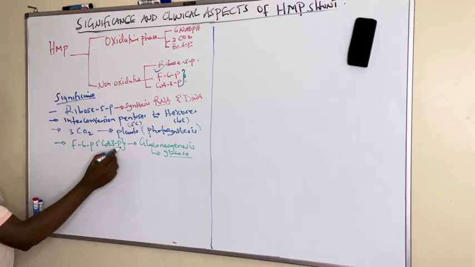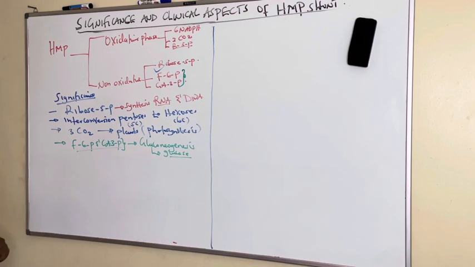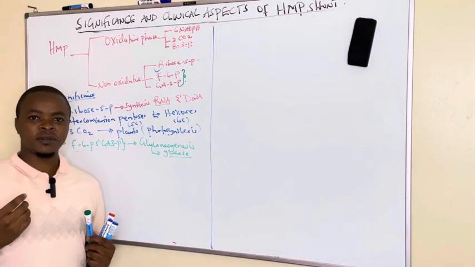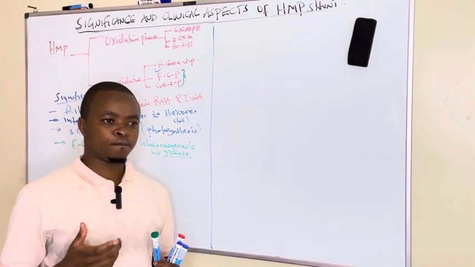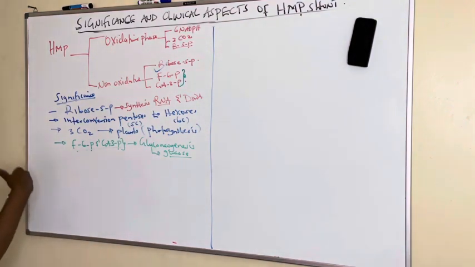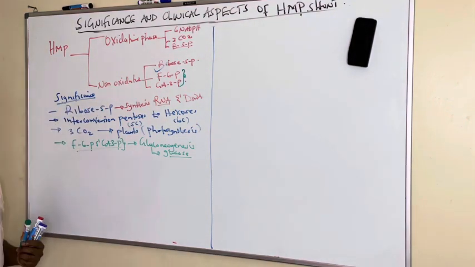So these undergo gluconeogenesis to produce glucose, which can be utilized 10% in HMP, and another portion goes into glycolysis and glycogenesis.